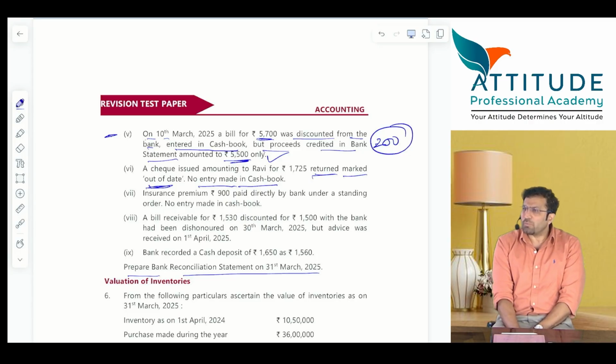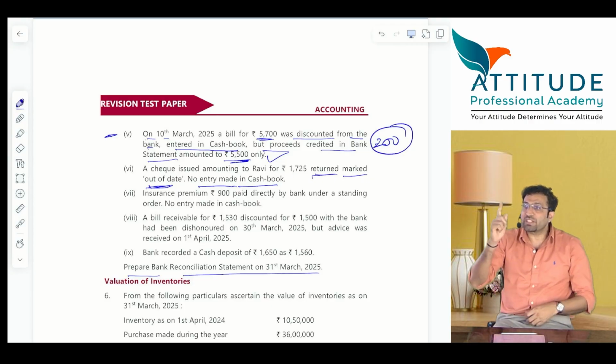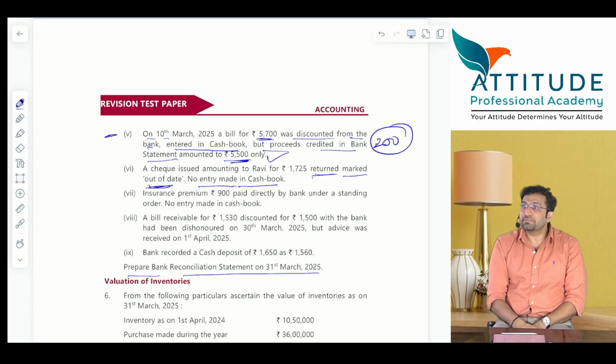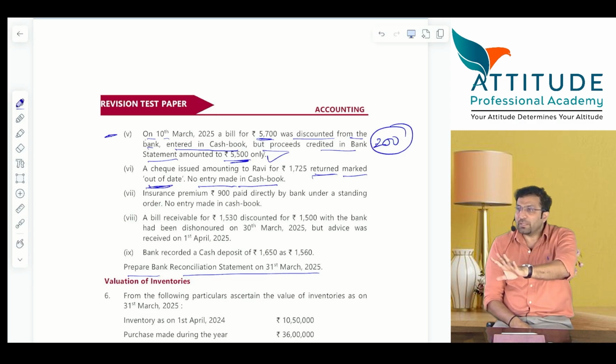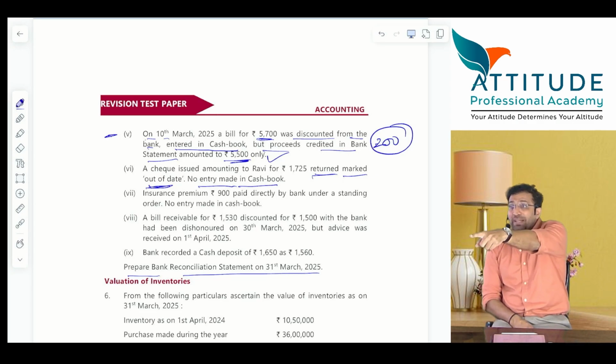Passbook balance will be more by why? Huh? Correct. First of all, tell me, when you issue a check, what is the entry you pass? You have issued a check to Ravi. Tell me, entry. You have made a payment to Ravi. Ravi account debit to bank. तो आपके बुक्स में कैश बुक बैलेंस has come down.